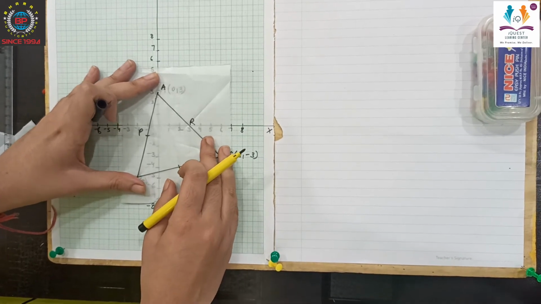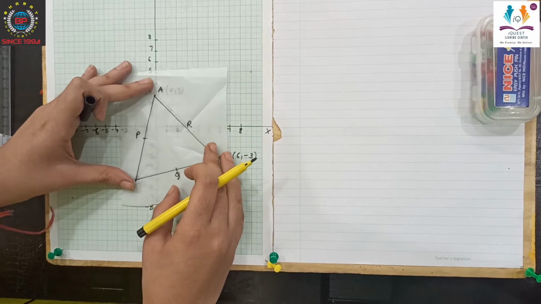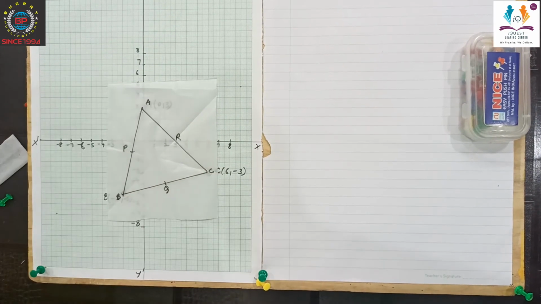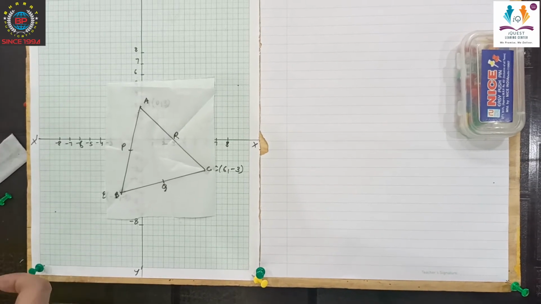Now place the tracing paper over the triangle which is obtained on the graph sheet.